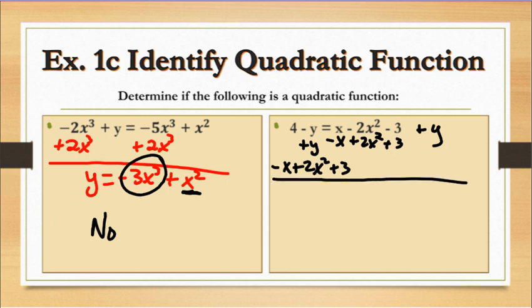On the right-hand side, I have y equaling 2x squared, minus x, and then this 3 plus this 4 will give me a positive 7. Now I check to see what my leading degree is. My leading term is 2x squared. So yes, this is a quadratic function.